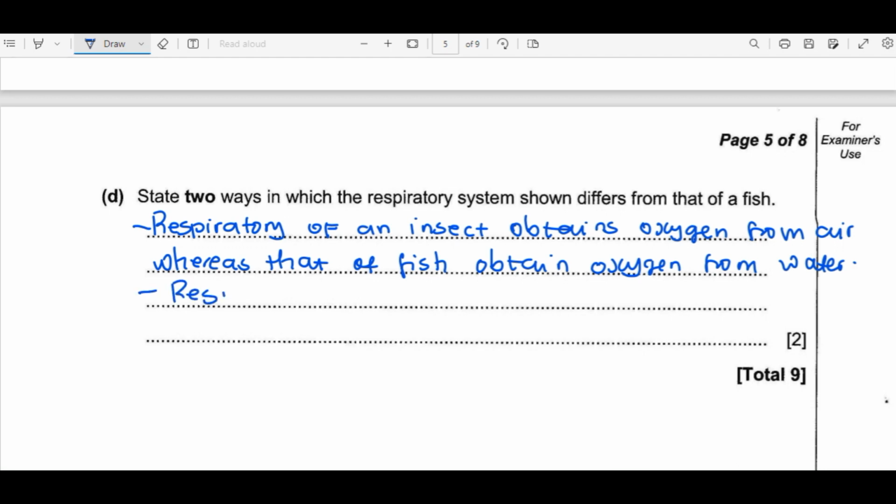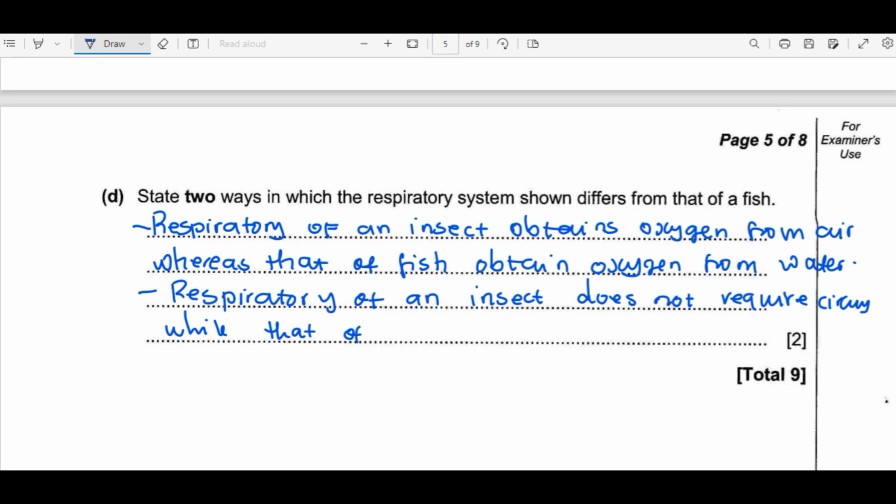Then the second one, we'll say respiratory system of an insect does not require circulatory system, that of fish requires circulatory system.